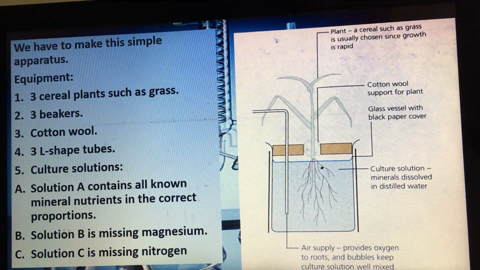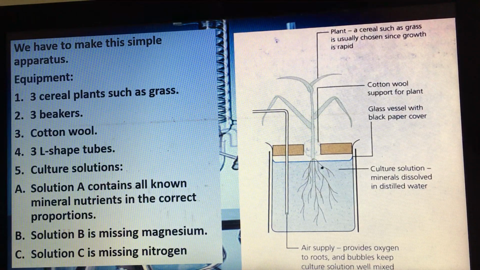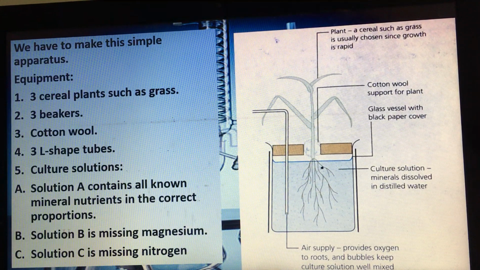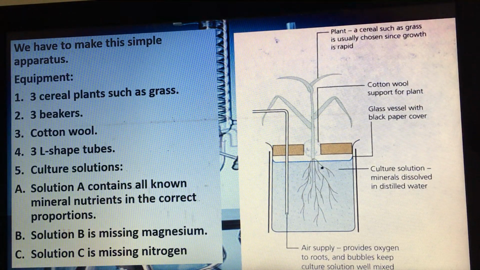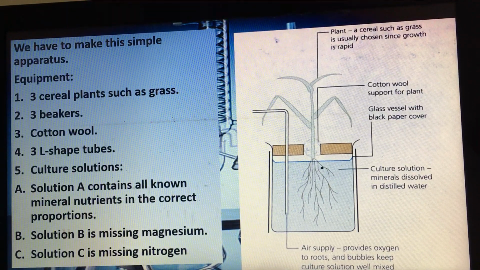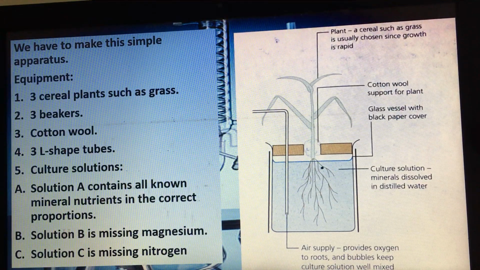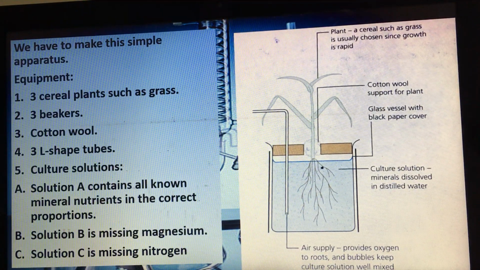If you notice here again, we have the air supply, which provides oxygen to the roots to respire, and the bubbles also keep the culture solution well mixed. And here we have the beaker covered by black paper. What is the purpose of this black paper? What do you think? If you look carefully at the apparatus, you will find that the bottom of the stem is inside the beaker.